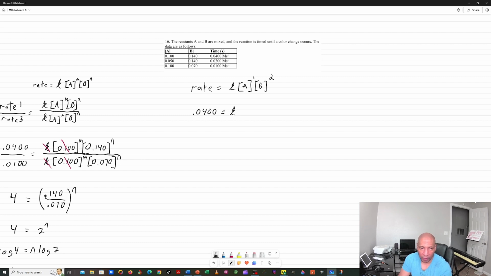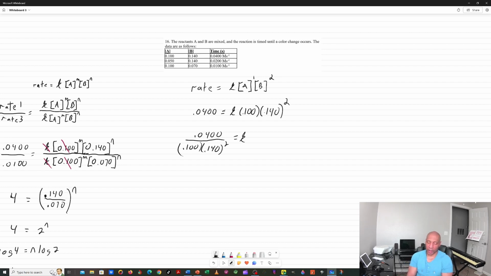So for experiment 1, my A concentration was 0.100 times my B concentration, which is 0.140, but I'm going to square that because it's second order with respect to B. So I'm going to say 0.0400 divided by 0.100, and divide that by 0.140 squared. That's going to equal k.